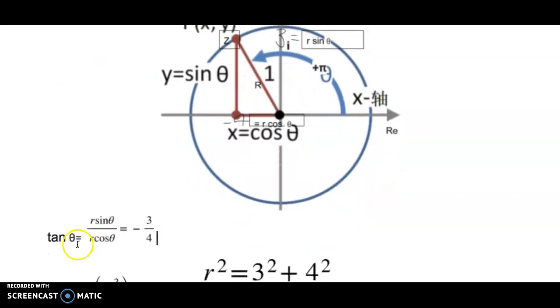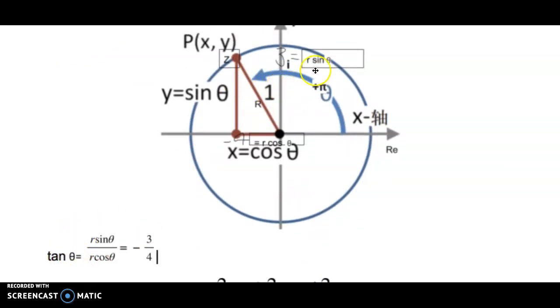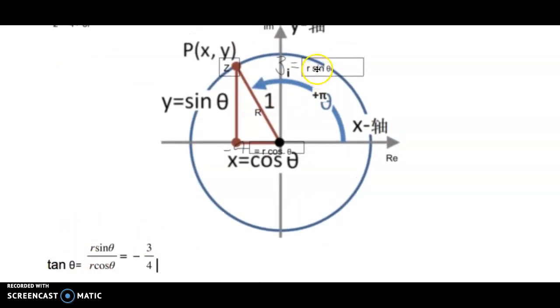If you recall, we have sine and cosine, and if you remember, sine over cosine is tangent. So this is why we have r sine theta over r cosine theta.